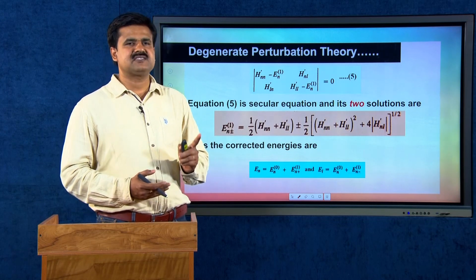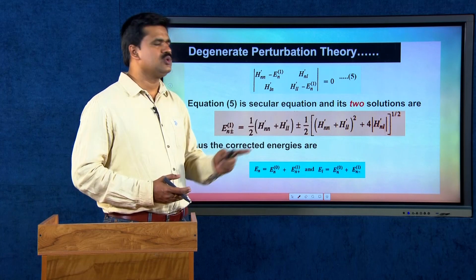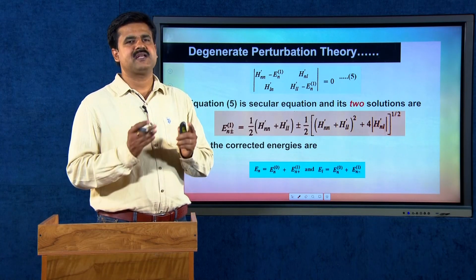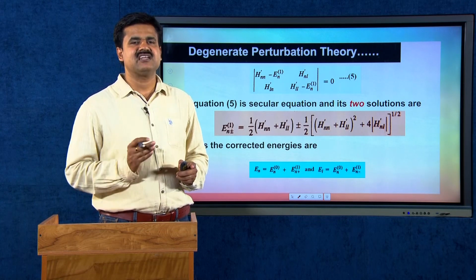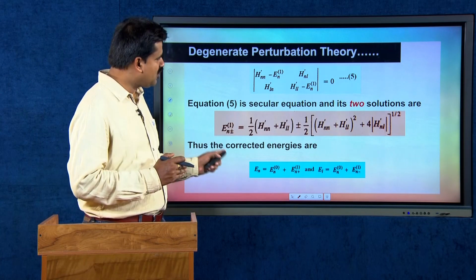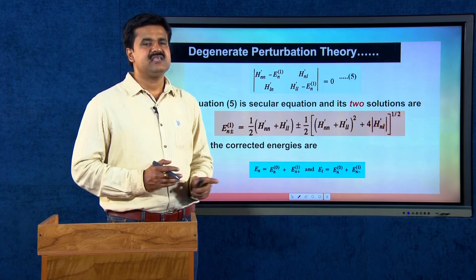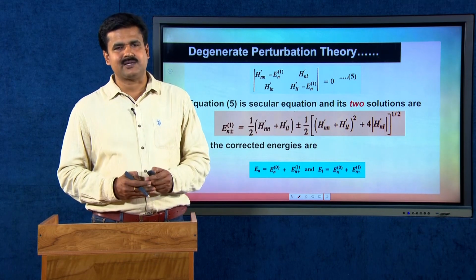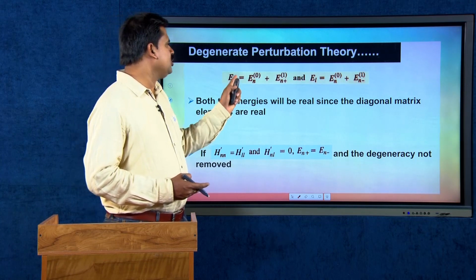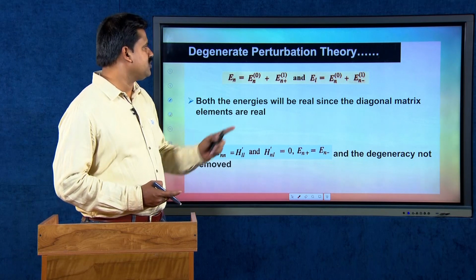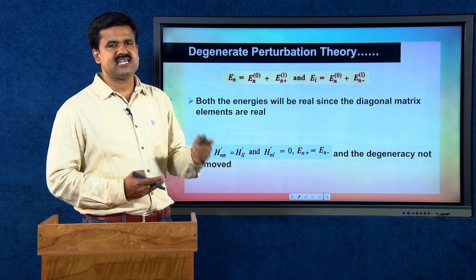This is first order degenerate perturbation theory, and these are two energy values obtained after correction, and we assume here that our energy levels are doubly degenerate. So I got two values for energy marked as En and El.